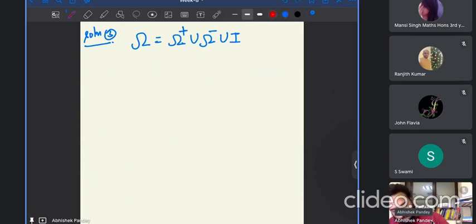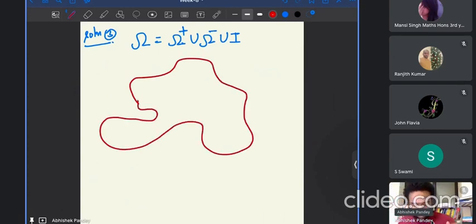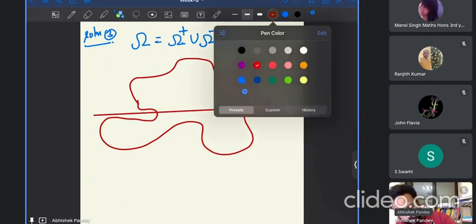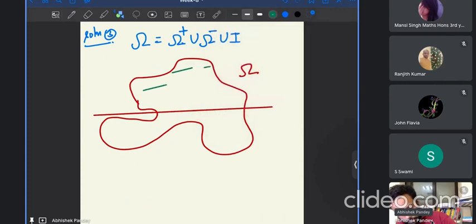Omega is something like this, and you draw a line. This part is your Omega plus.